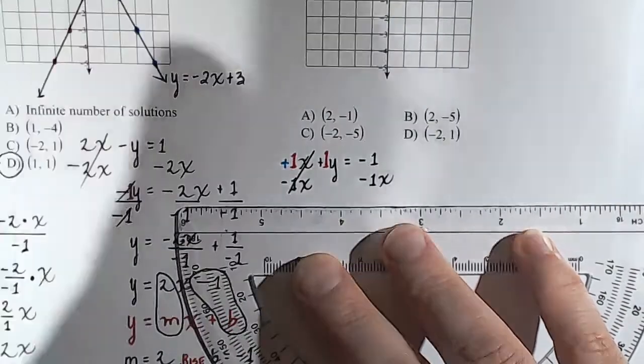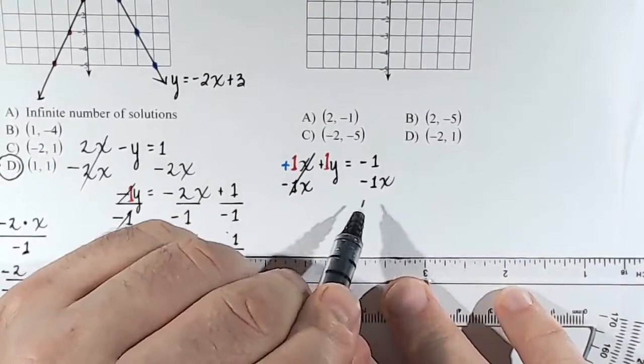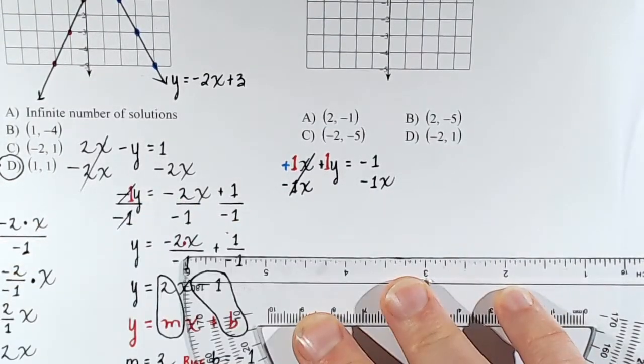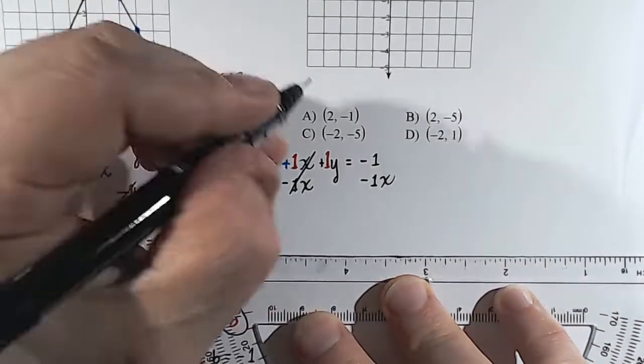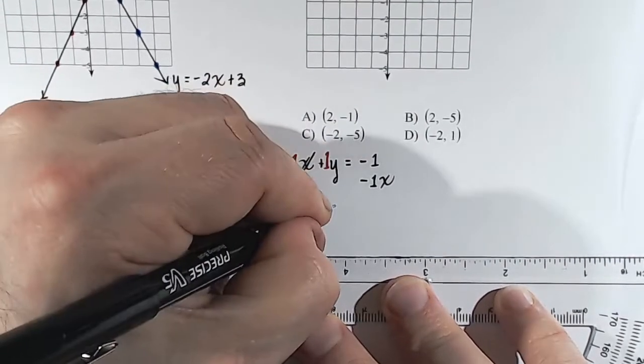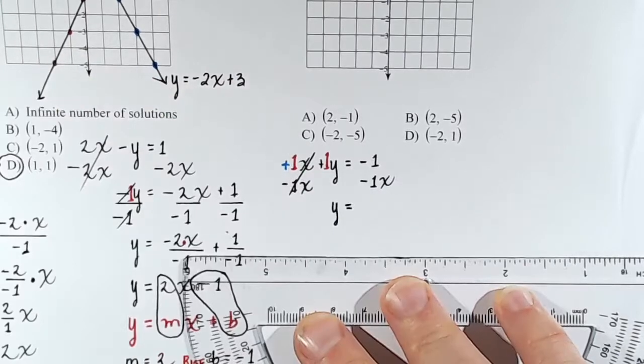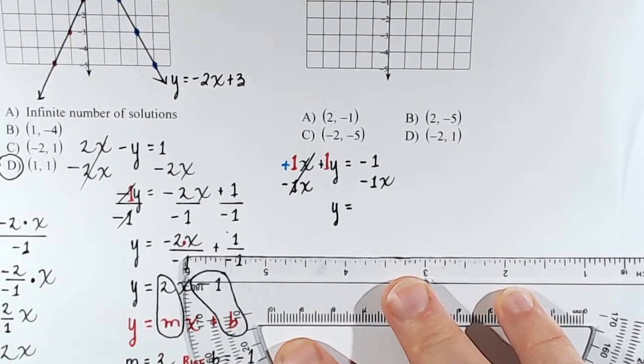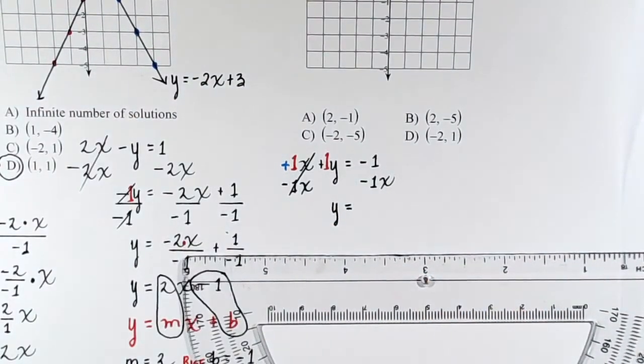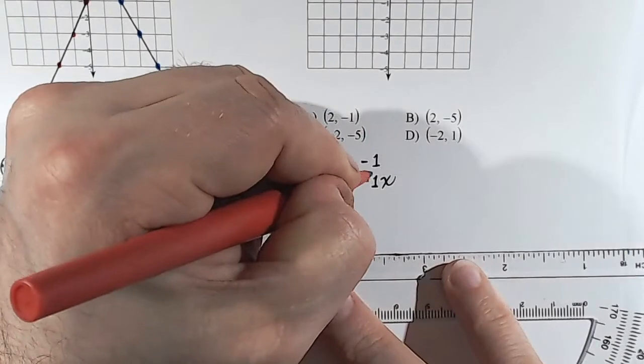So it zeroes out, or it goes away. The 1x moved over to the right side of the equation. So now I'm going to write y equals. I don't have to write that 1 in front of that y. If it was negative, it might be helpful, but I don't have to write it in this case. And now I'm just going to carefully relocate the information.